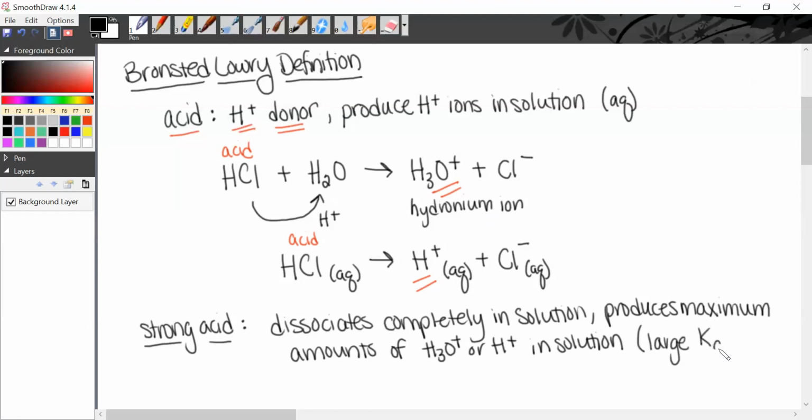For acids, we call it a Ka value. You know how we had KEQ, KC, KP. Now we're going to have Ka for acids, Kb for bases, Kw for water. You're going to be sick of how many different subscripts we can put on our equilibrium constant.